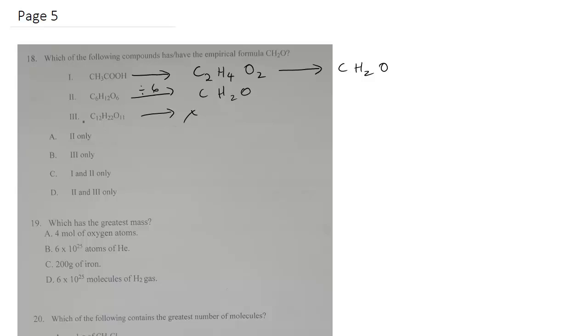So that just gives you nothing. I think that is actually the empirical formula. So it's not going to be that one. Remember, the question is asking specifically this compound here. So we are looking for option C, which is 1 and 2 only.